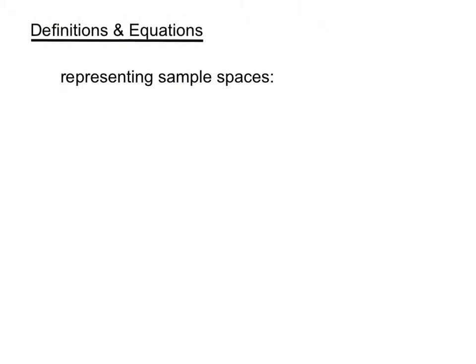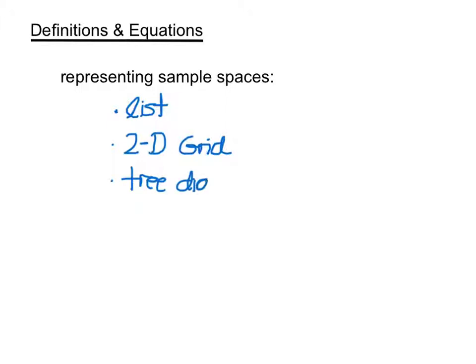Now, there are four ways that we can represent sample spaces. The first is simply a list, and we saw that on the previous slide. The second is a 2D grid. The third is a tree diagram. And these two we'll go over in more detail.